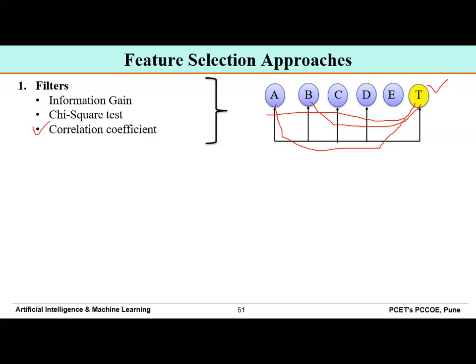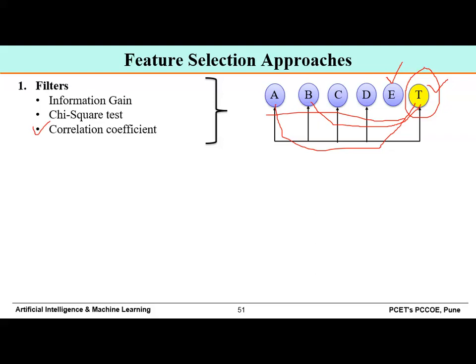The parameters for which the value of correlation coefficient is close to plus 1 or minus 1, you will consider as a best fit, and you will consider those parameters while developing your machine learning model T. And suppose you find the variable E for which the correlation coefficient value is close to 0.